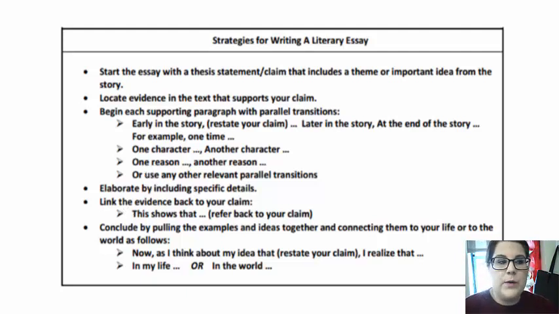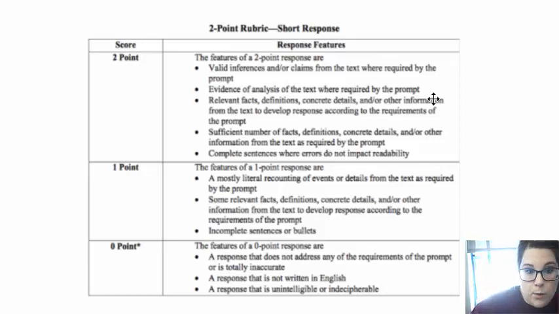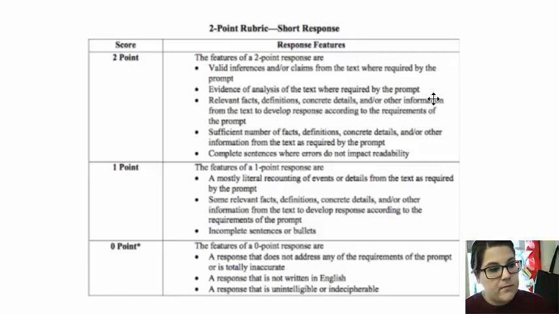Let's take a look at what is included in a 2-point response. So here's the rubric for a 2-point response. Let's look at the 2 because that's what we're interested in. So the features of a 2-point response are valid inferences or claims from the text where required by the prompt, evidence of analysis of the text, relevant facts, definitions, concrete details, or other information from the text to develop response according to the requirements of the prompt.